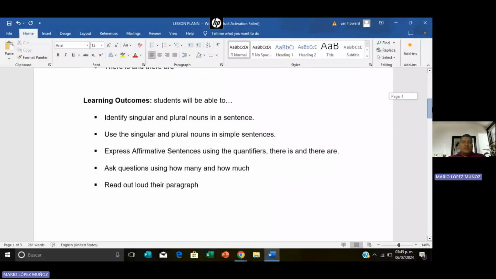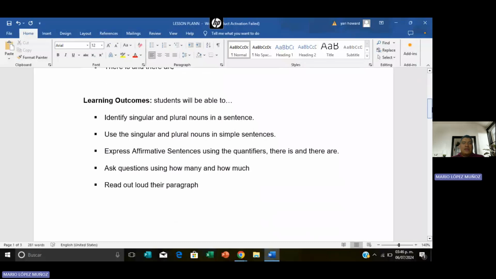It is important to know too the learning outcomes that they will be able to do during the course. So a student will be able to identify singular and plural nouns in sentences, use a singular noun and plural noun in simple sentences, and express affirmative sentences using the quantifiers and also the use of there is and there are.